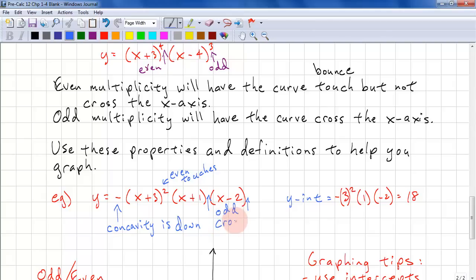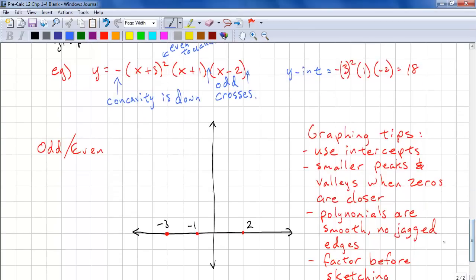So it means it crosses. Okay, so how do we draw this? This is not to scale because the x-axis goes by units of 1. We're going to have to go by units of 3 here for the vertical axis. So 3, 6, 9, 12, 15, 18.